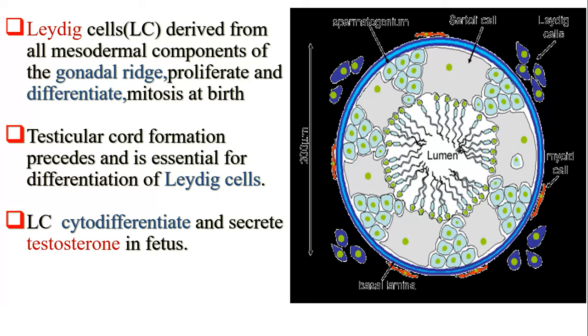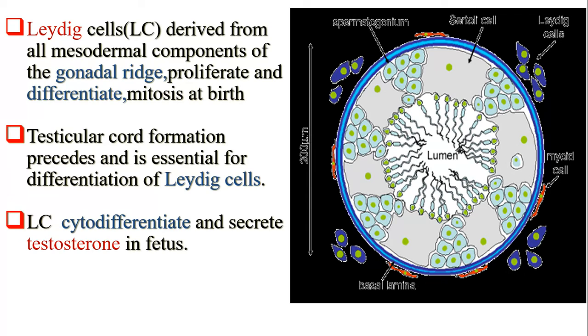So what we have come to know is that the Sertoli cells produce the AMH, anti-Mullerian hormone, but the Leydig cells in fetal life produce testosterone, which will lead to development of the external features of male development, the development of the scrotum, the penis, and others. They depend upon testosterone.